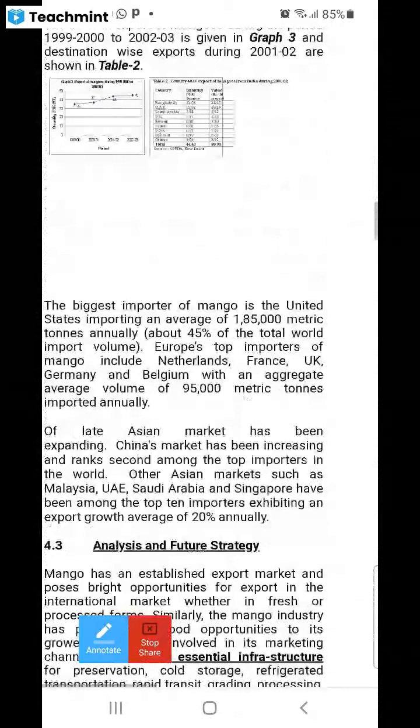Next is the manure and fertilizers. Manure and fertilizers are used for the plantation. In the first year, the tree should be supplemented with 10 kg of farmyard manure. Everyone knows farmyard manure. In the first year, the tree should be supplemented with 10 kg farmyard manure and 100 grams N. Nitrogen is used there, 50 grams.